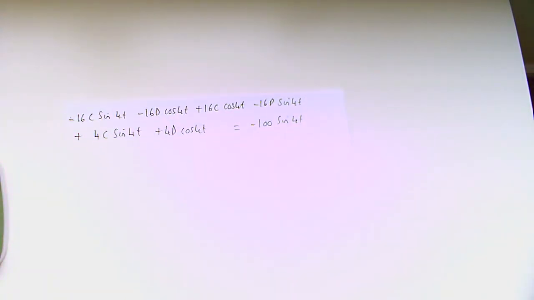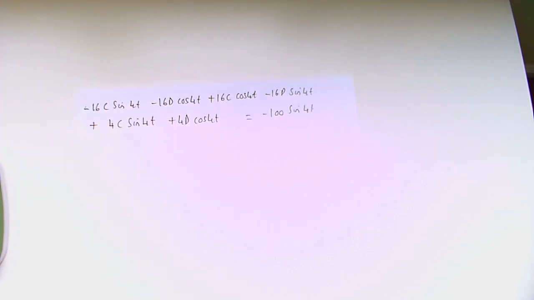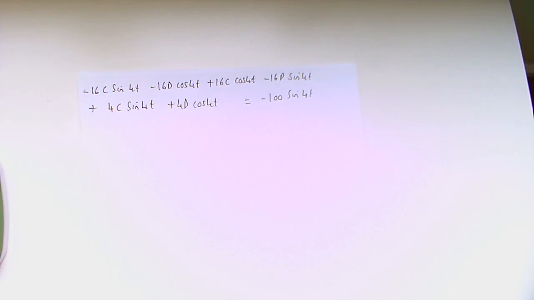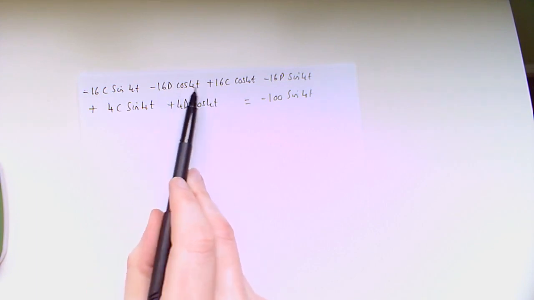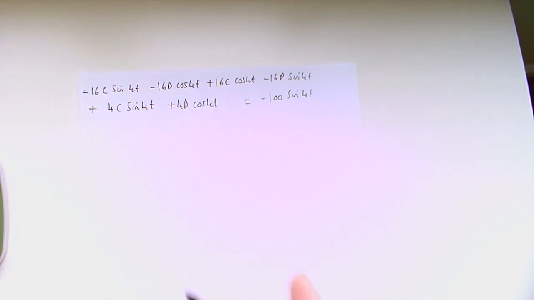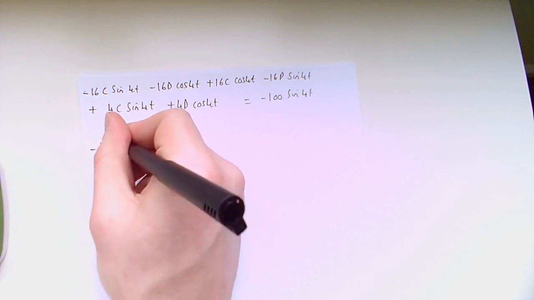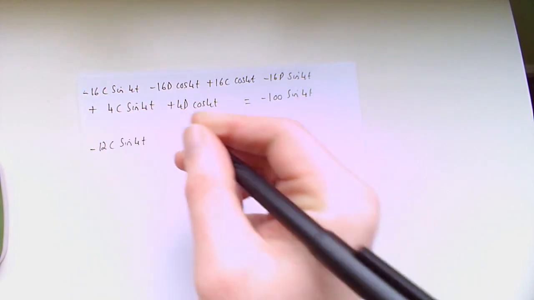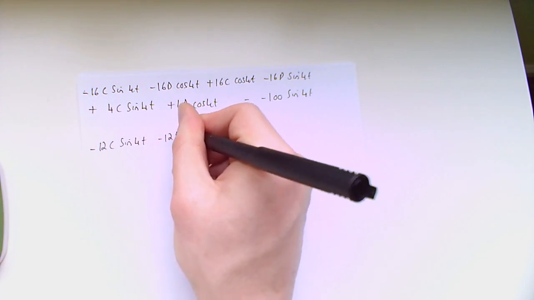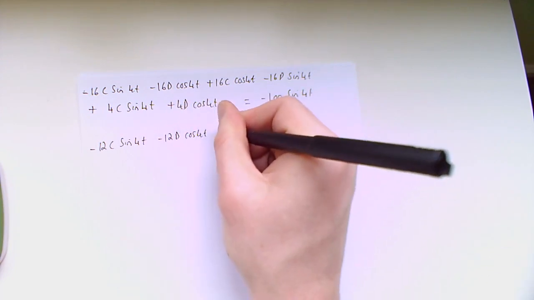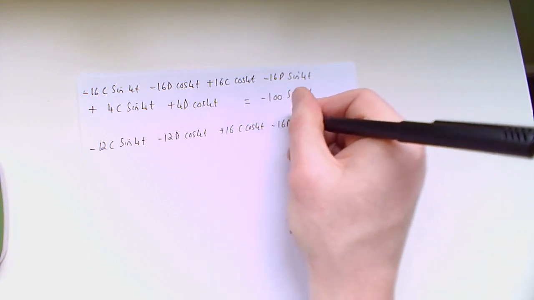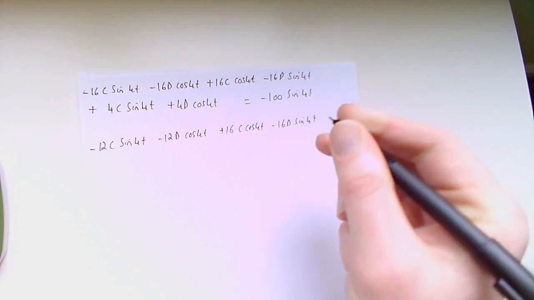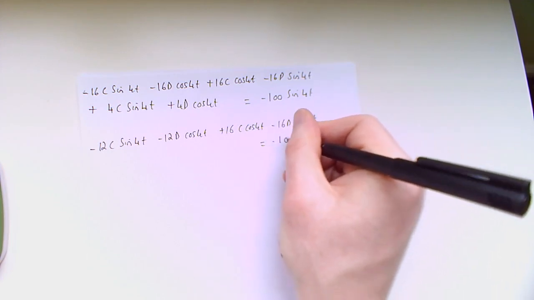I've just multiplied out those sets of brackets. Now you can see, and it will be the same as in the worksheet, that you've got c sin 4t and d cos 4t, so you can collect like terms. It's negative 12c sin 4t, take away 12d cos 4t plus 16c cos 4t, take away 16d sin 4t, equals negative 100 sin 4t.